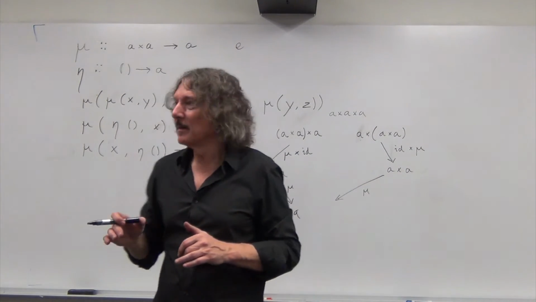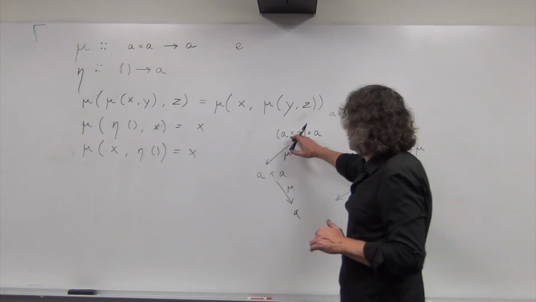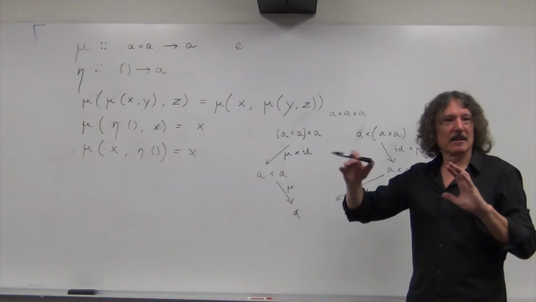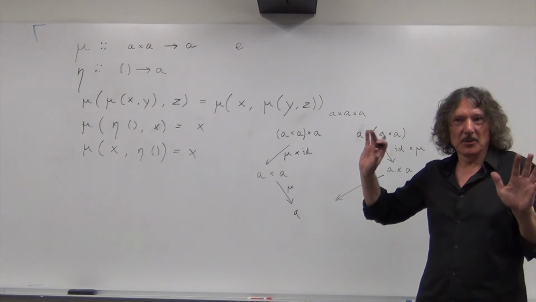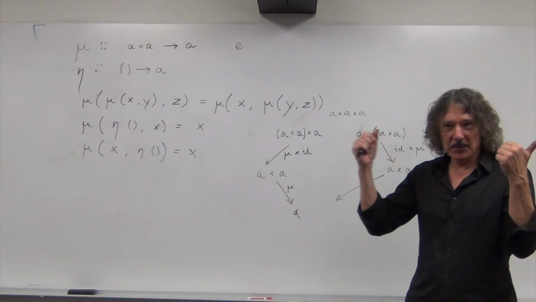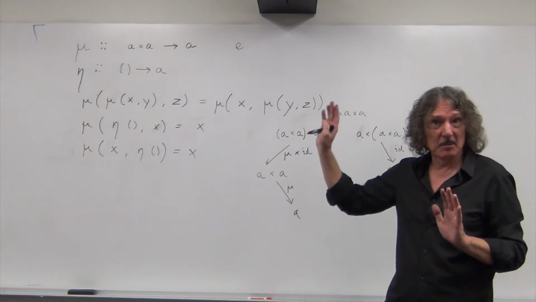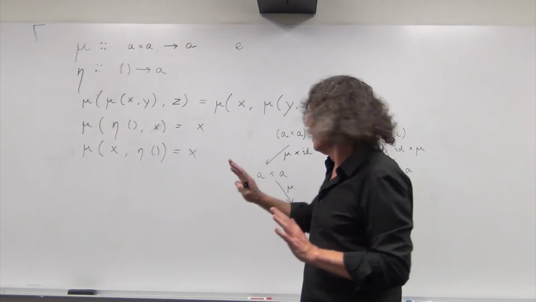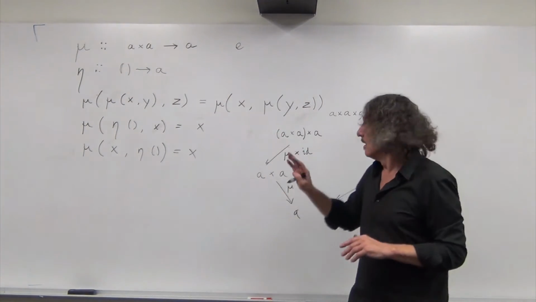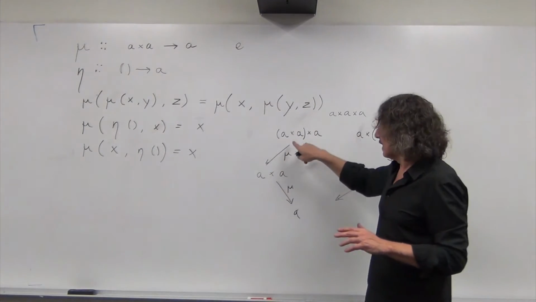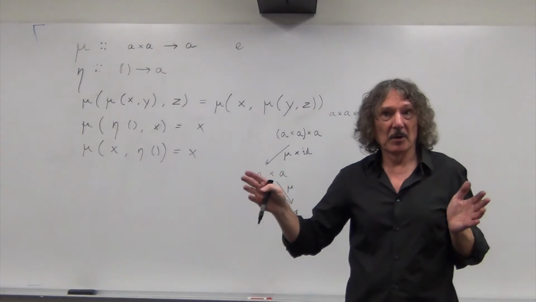The product in the category is different from mu, which is our product in the monoid. Mu is just a morphism, whereas the product here is a product in the category.